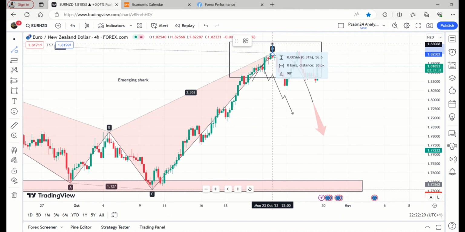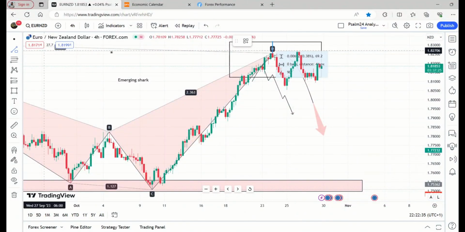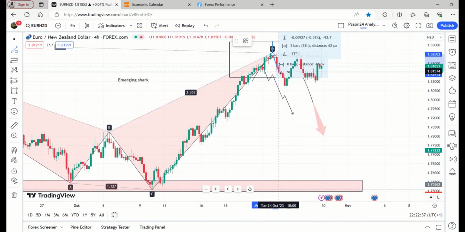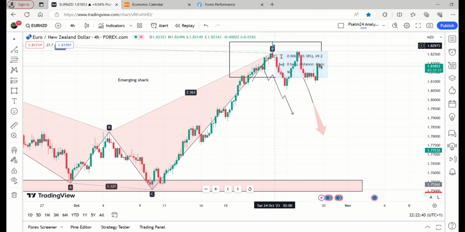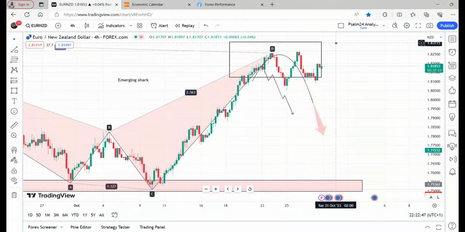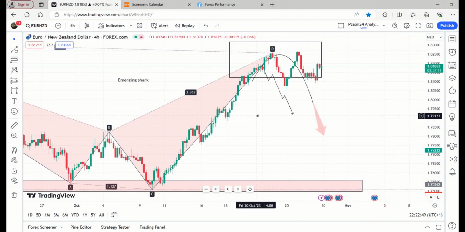If you are taking 50 pips stop loss or 60 pips, let's assume 60 pips, you wouldn't have been triggered. And then with this move to the downside, 194 pips is more than 2RR. So I encourage you to have a profit target.